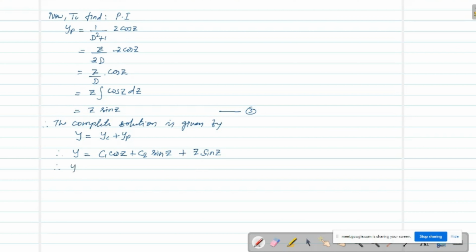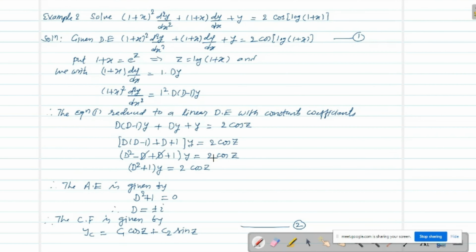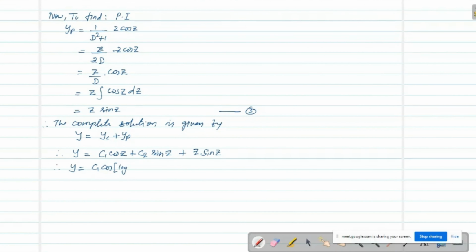Z is log of 1 plus x. So y equals c1 cos log(1 plus x) plus c2 sin log(1 plus x) plus log(1 plus x) into sin log(1 plus x). This is the required general solution of your given differential equation.